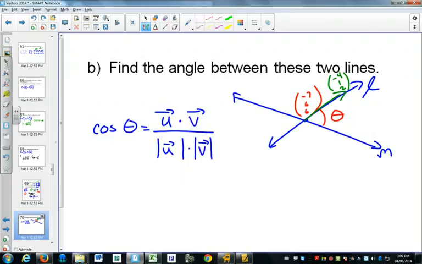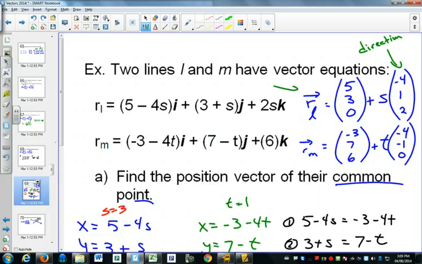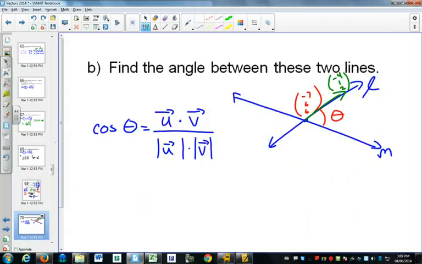So we have a direction vector for L. We're going to also have to use our direction vector for M. Not the point on the graph. (-4, -1, 0). Is it negative 1 or positive 1? Good. (-4, -1, 0). That'll be the direction vector for M.